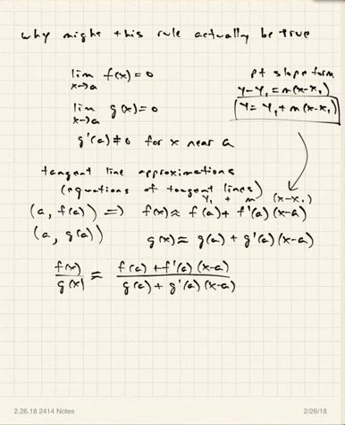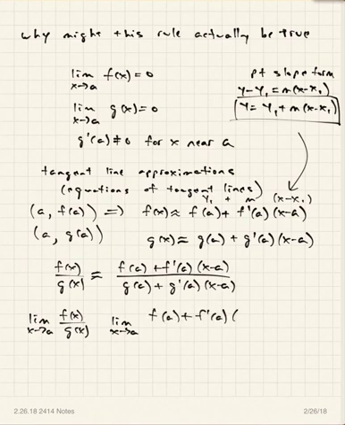And so now what have we got here? Well, if we've got the limit as x approaches a of f of x over g of x, then it's reasonable that that would be the limit as x approaches a of f of a plus f prime of a times x minus a, over g of a plus g prime of a times x minus a.